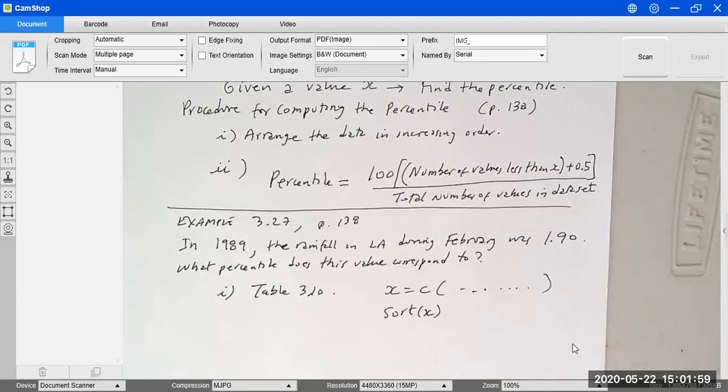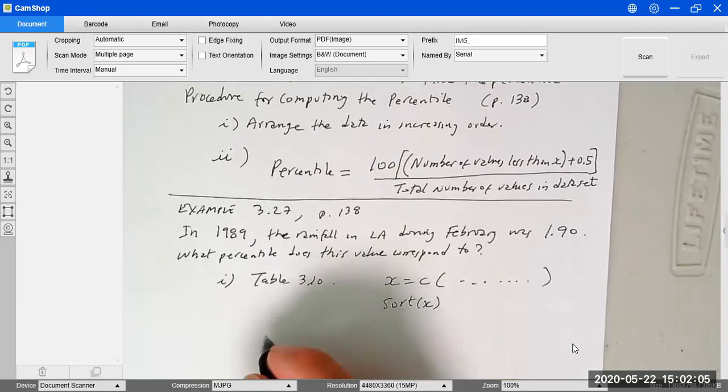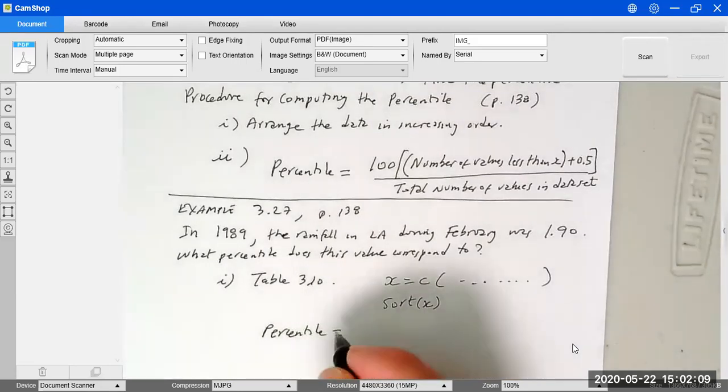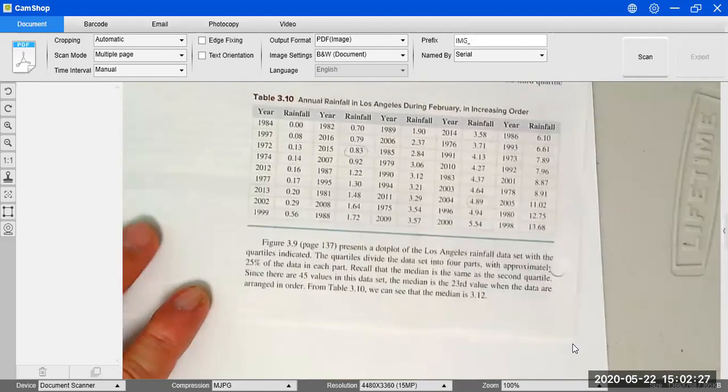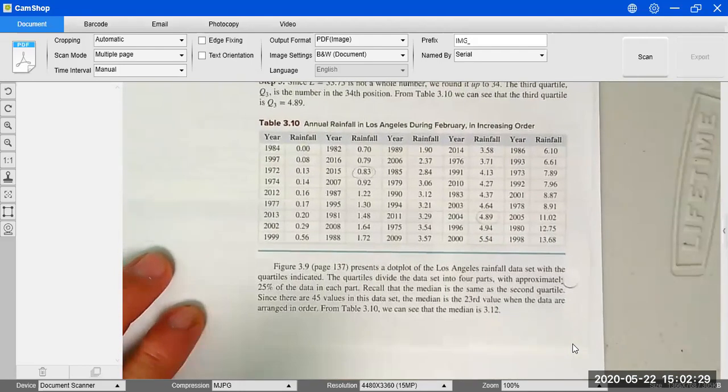So now we're going to do the next thing, which is just getting the percentile. It's going to be 100 times the number of values that are less than 1.90. So we need table 3.10. So let's see, we have our table in order.